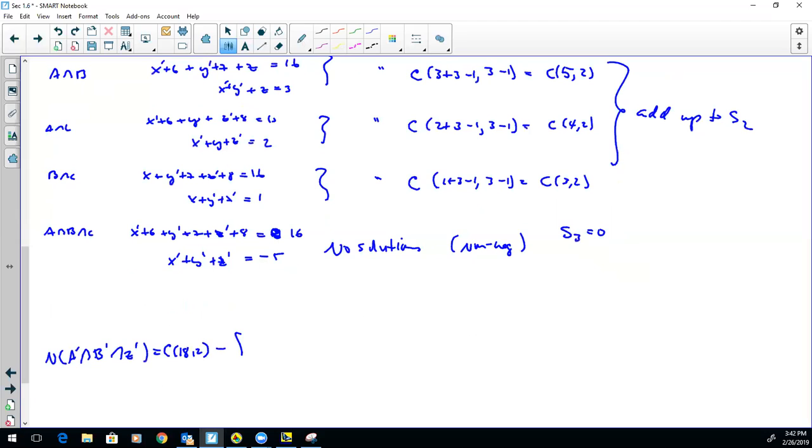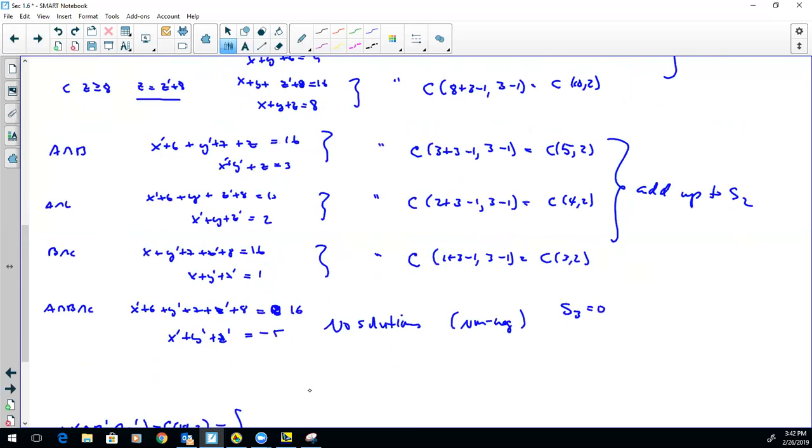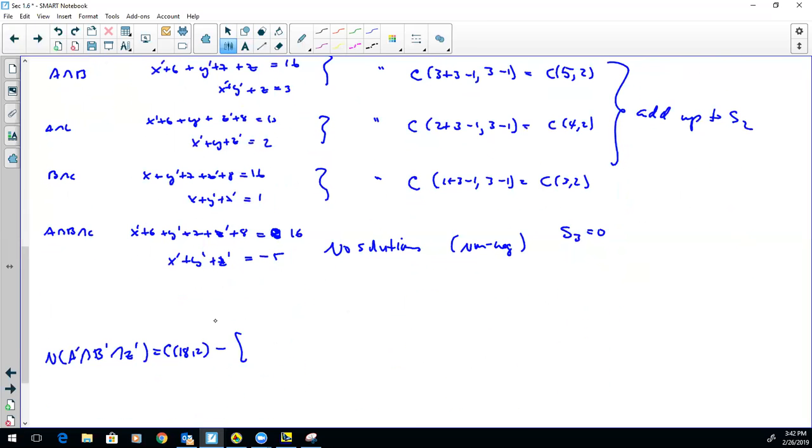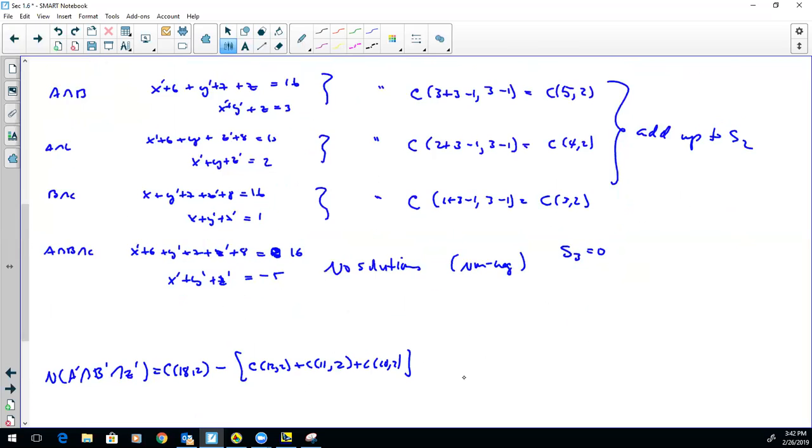Now I subtract off the S1 stuff. Make sure I got that right too.